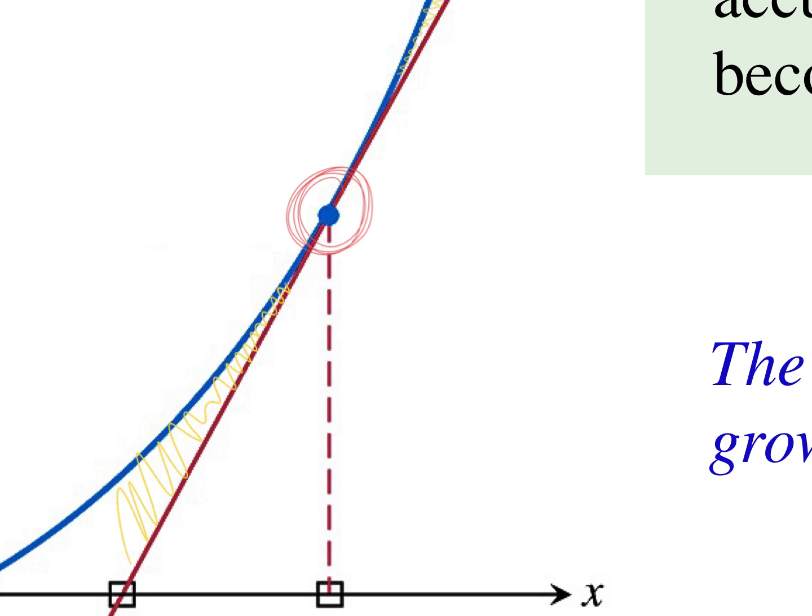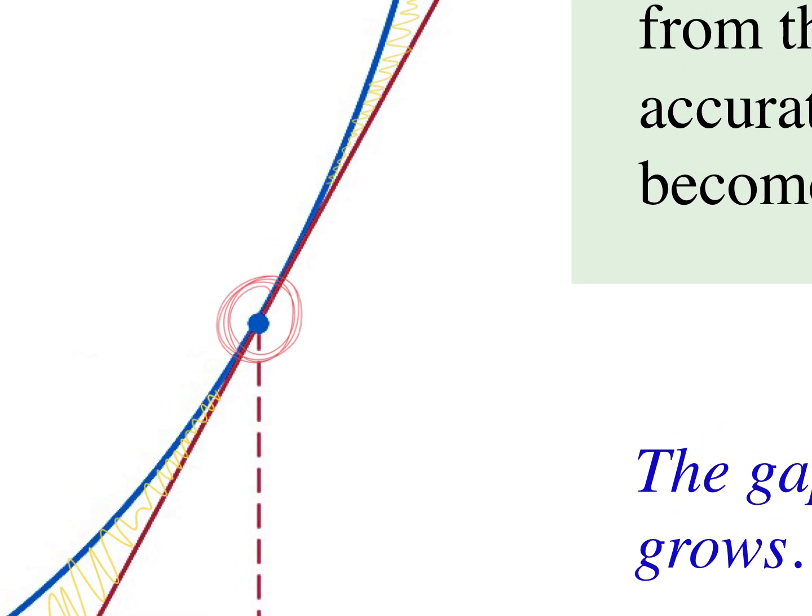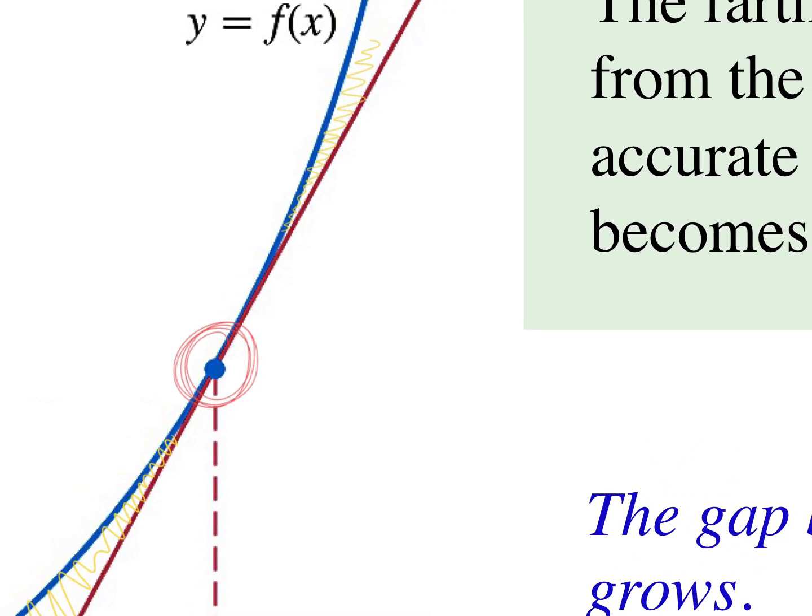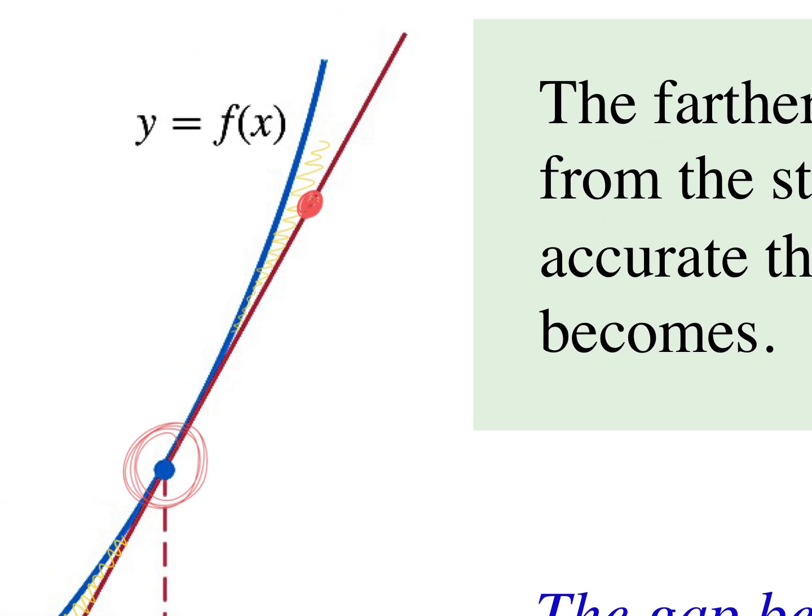If he needed to go somewhere else, he'd have to create a new tangent line at a new place. He couldn't stay on his tangent line out here and expect accuracy. What he should do is move back over to the curve and calculate a new tangent line. So he was recalculating tangent lines anywhere he needed them. You can't just use one tangent line and be done.